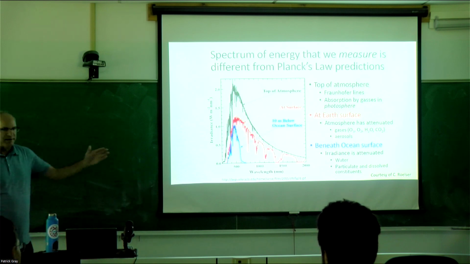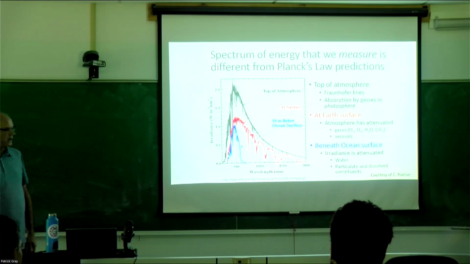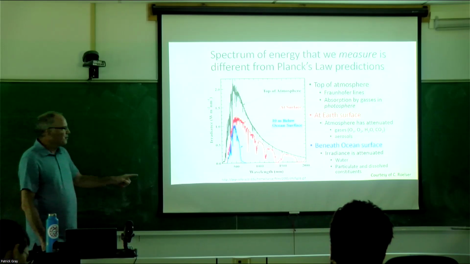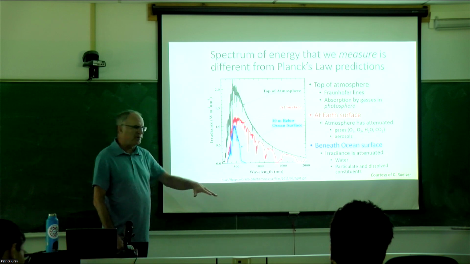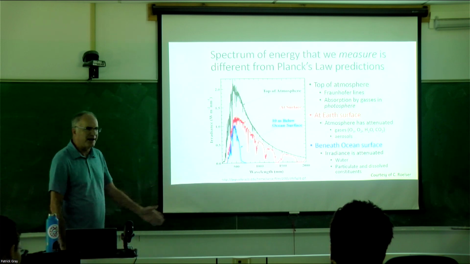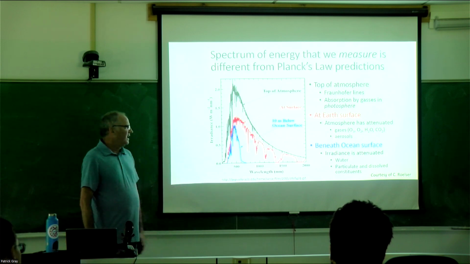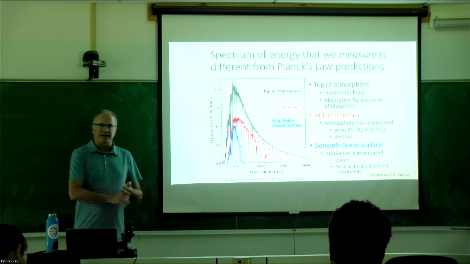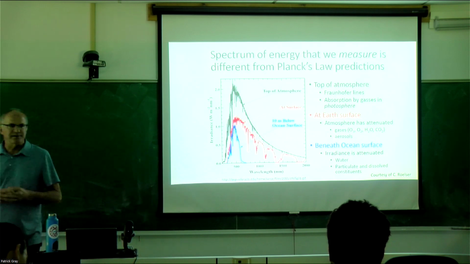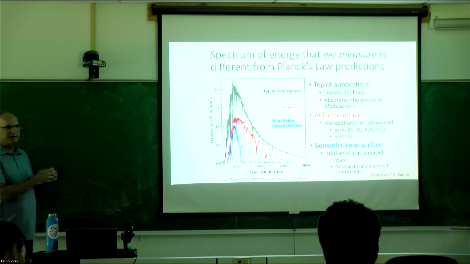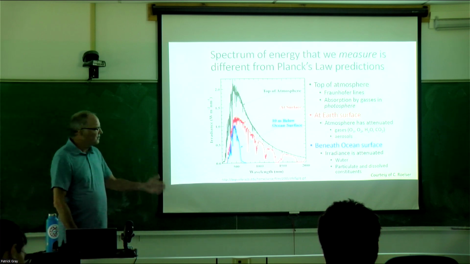And so these all come as very narrow band spectral lines again. And now as you go beneath the ocean, what is happening in the ocean? You just heard probably all last week about this. Water, there's particulates, there's dissolved organic materials, all these then do absorption and scattering. So you've got three different spectrums here.